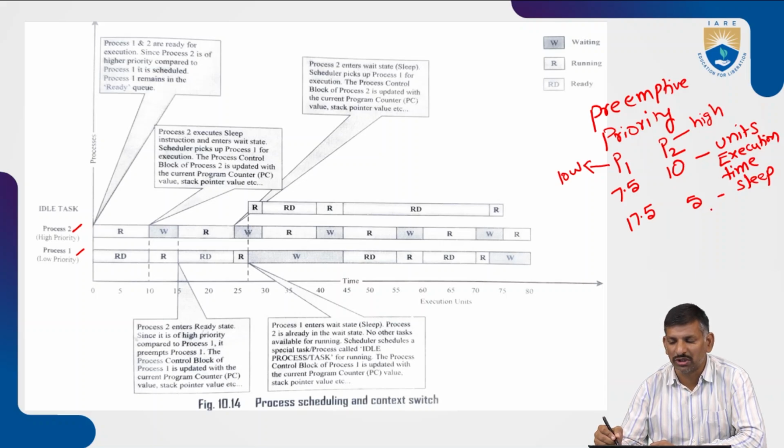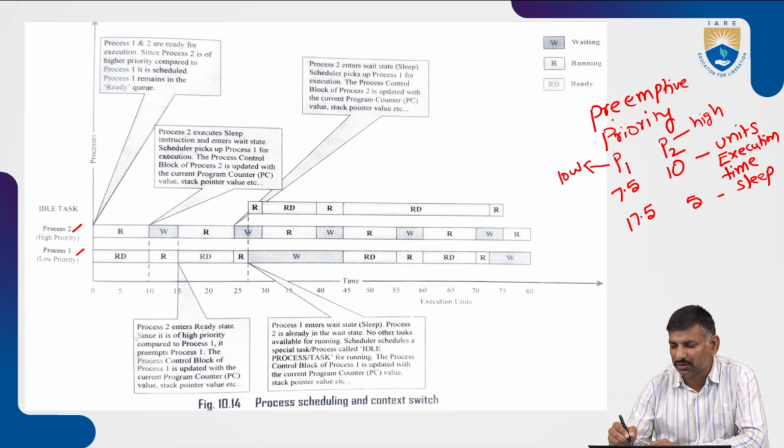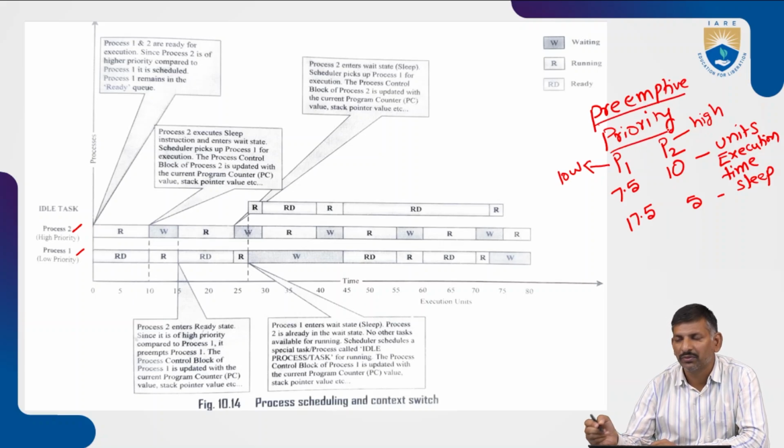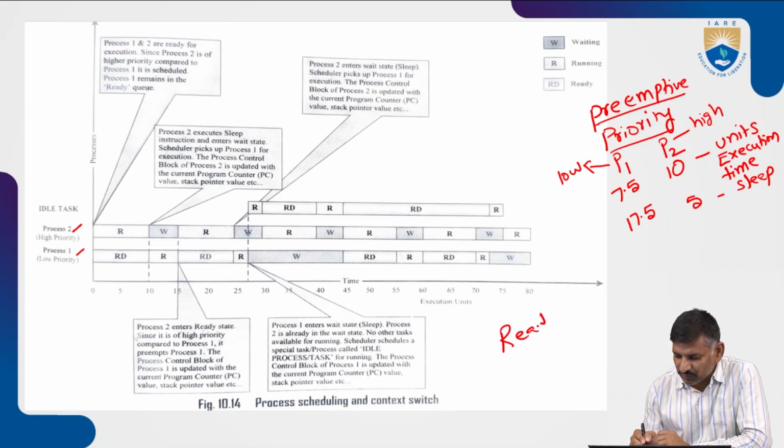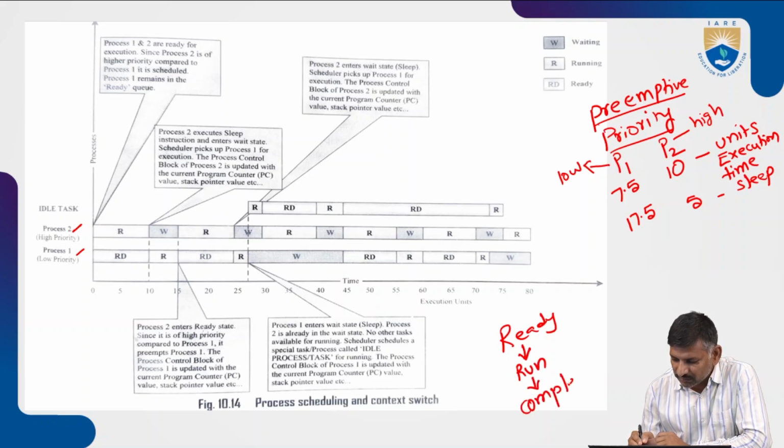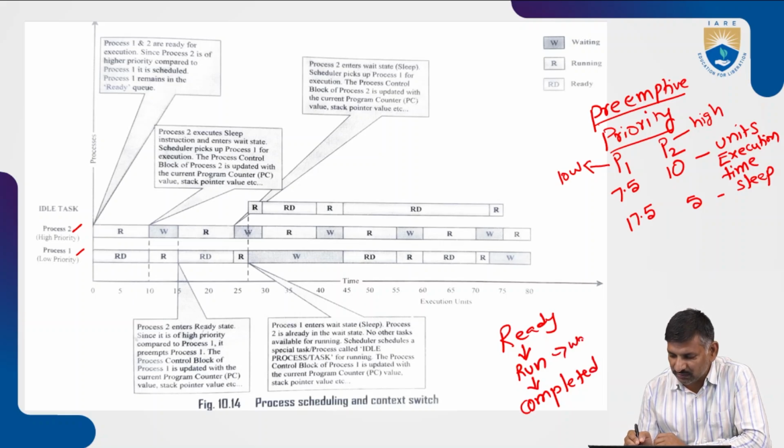P1 is the lowest priority and P2 is the highest priority. In this preemptive priority execution, we have the ready state, running state, completed state, and wait state, and a process goes from waiting to the ready state.